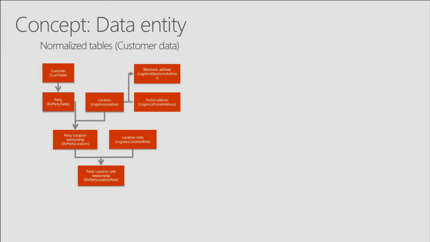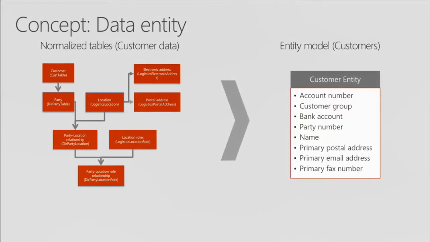These tables are normalized, but from a data management perspective, they're represented by a data entity, which is a denormalized view of a customer, which is the account number in this example, customer group, bank account, party number, name, and so on. This denormalized view is the main vehicle to move data in and out of the system. It's the lowest level concept of our data management framework.